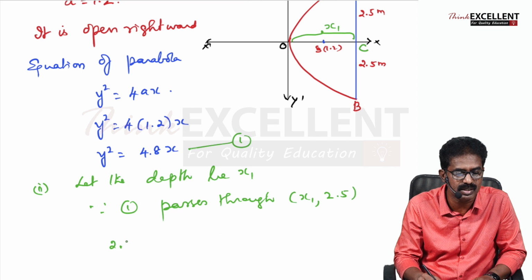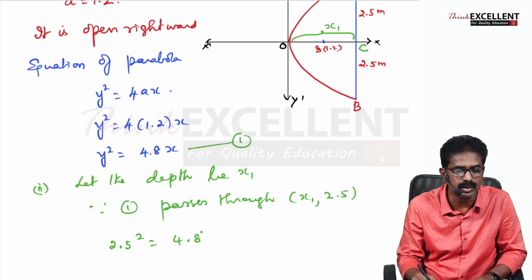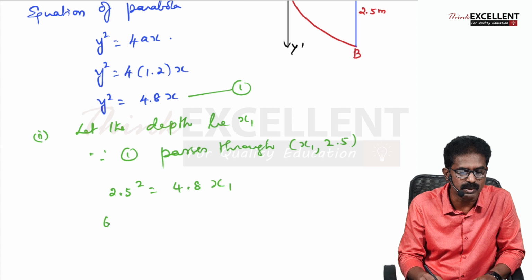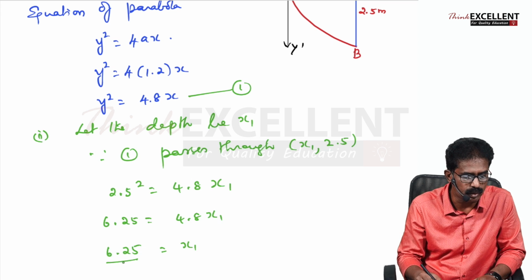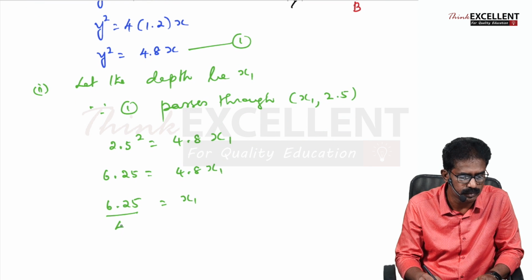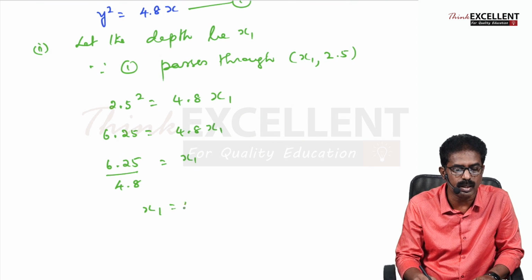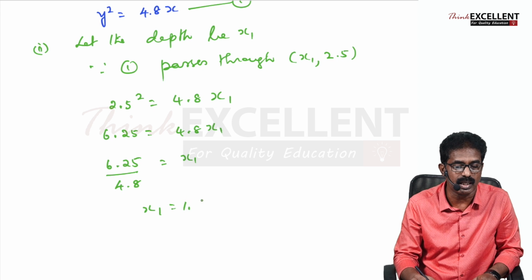So 2.5 square equal to 4.8 into x1. 2.5 square is 6.25, equal to 4.8 x1. So x1 is equal to 6.25 by 4.8. If you divide it, you get x1 equal to 1.3020, something like that. You round it, you will get 1.3.